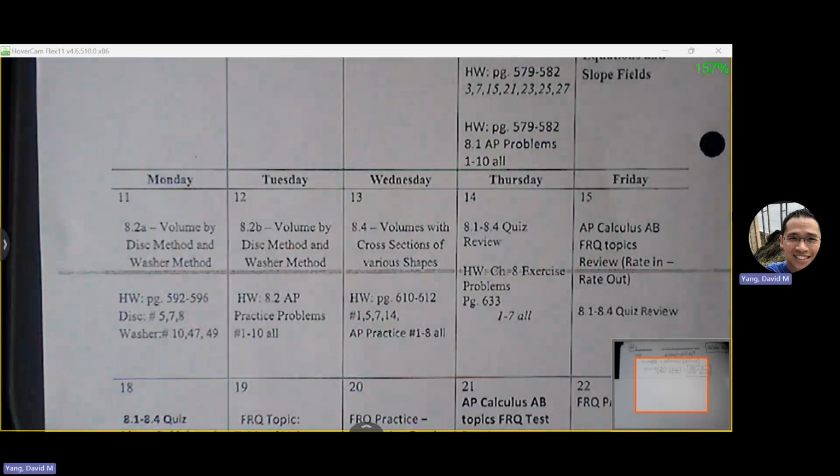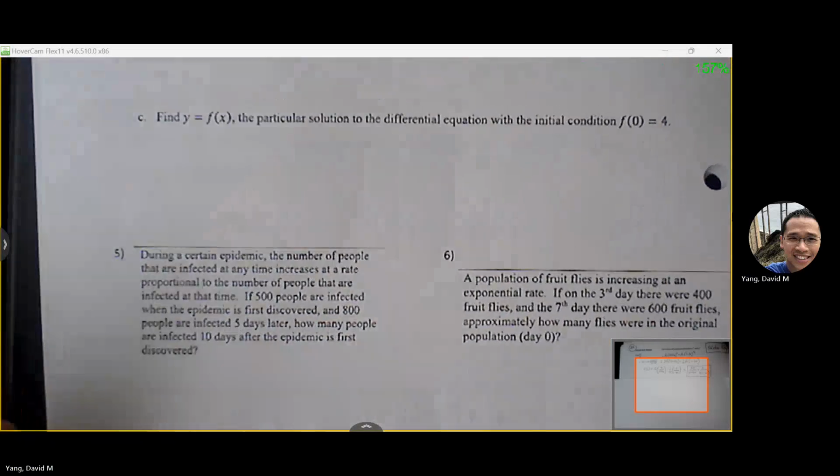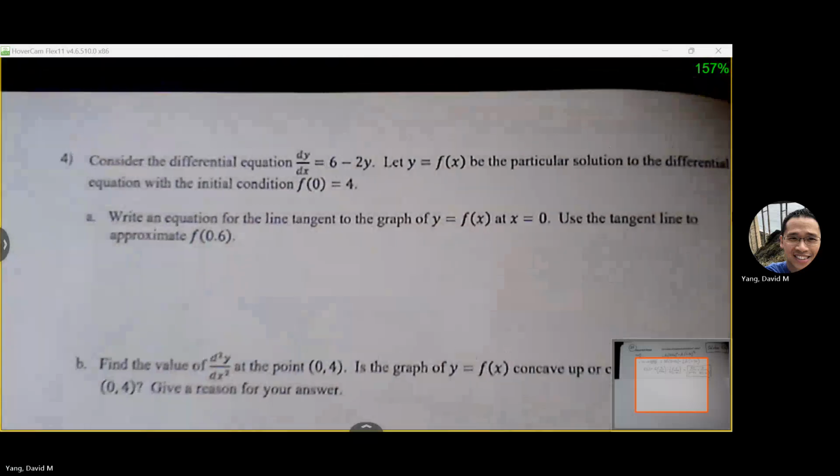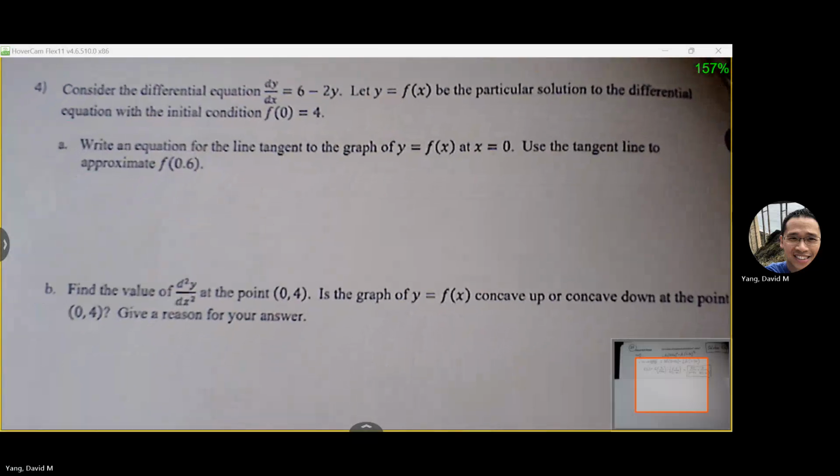All right, next page, number 4. Okay, very much the same process here.